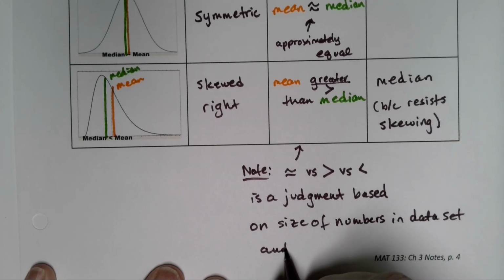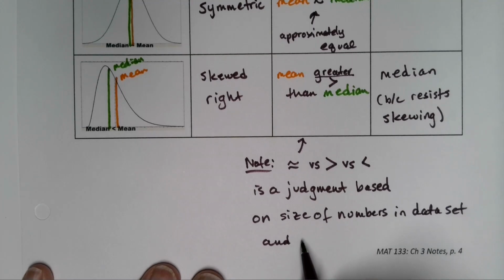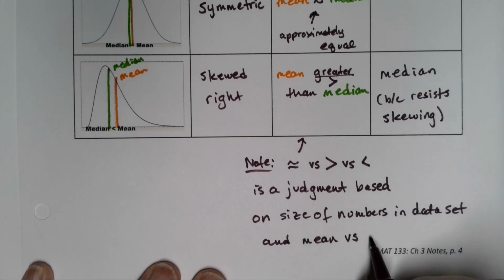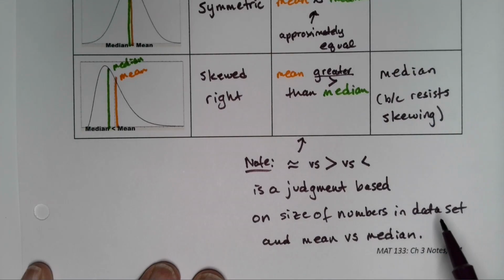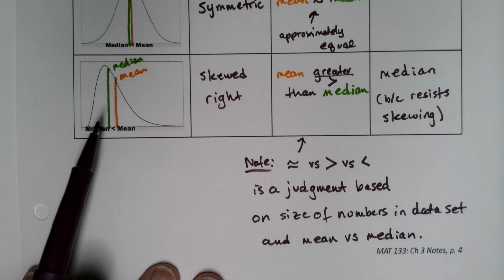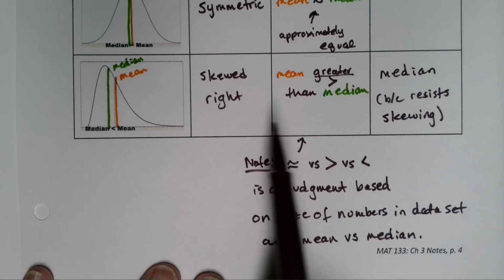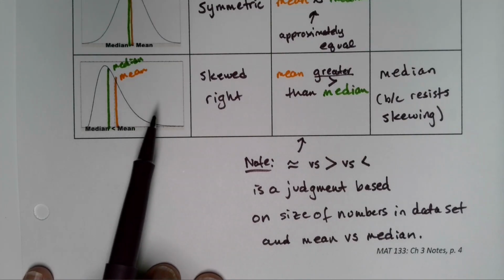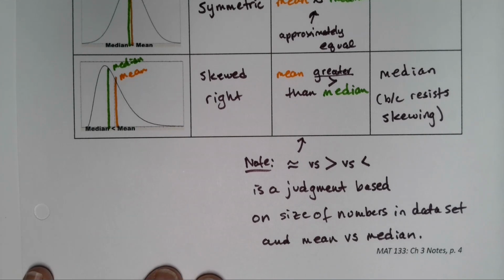There's no hard and fast rule for how big is big enough to be skewed right or skewed left. You just have to look at the data set and say, I think it's big enough. That's also where graphs can come in handy, because if you can graph it, you can see, okay, I think it was skewed, and it is.